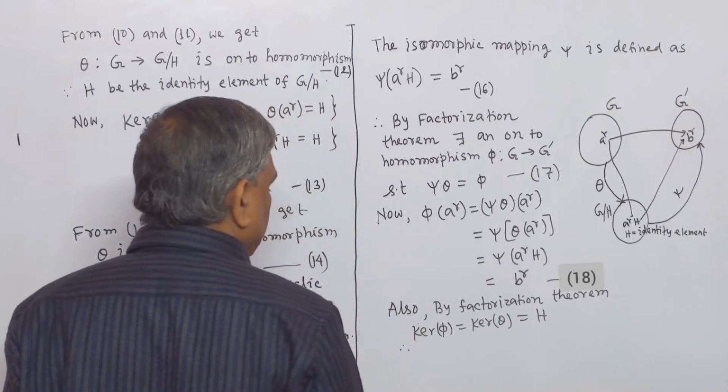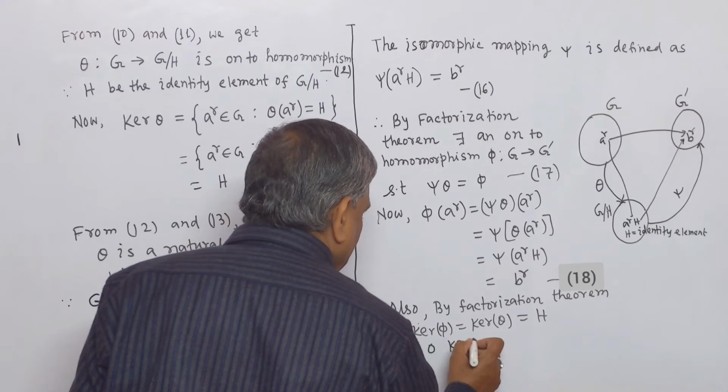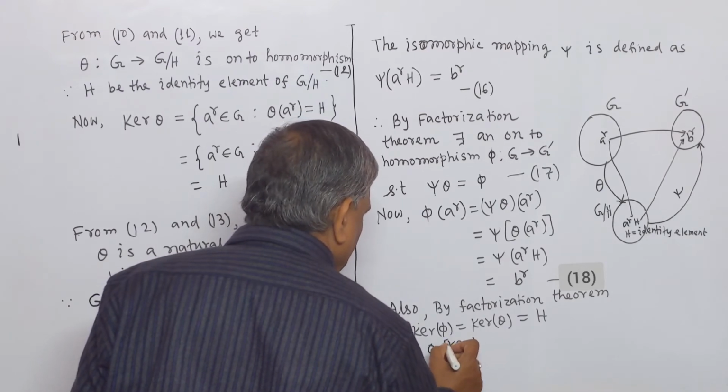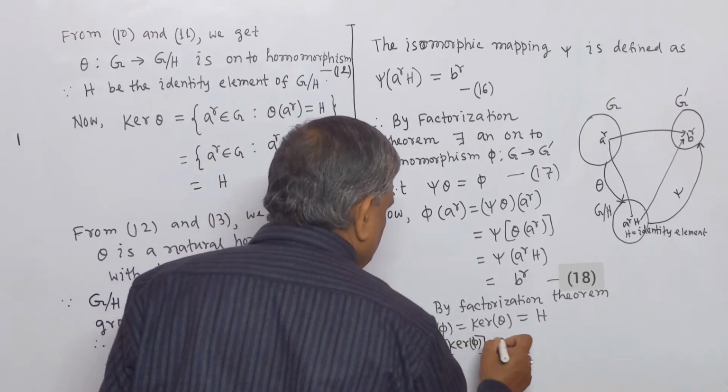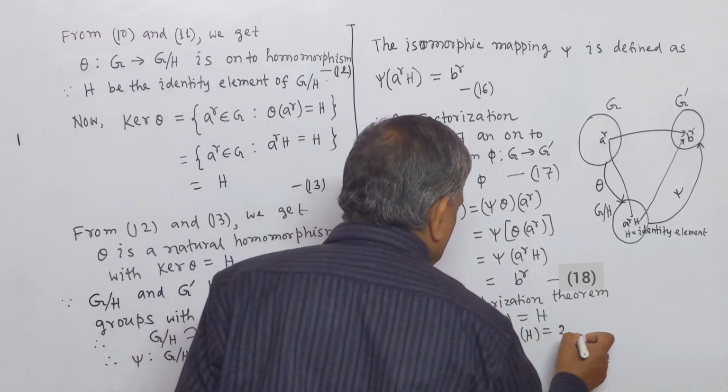Therefore, order of car phi equal to order of h equal to 2. Proved.